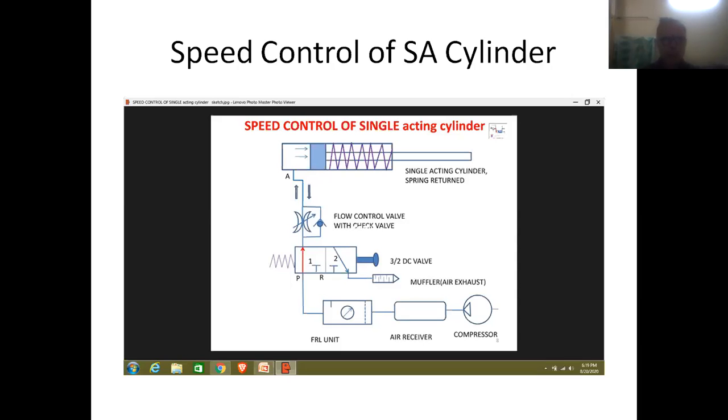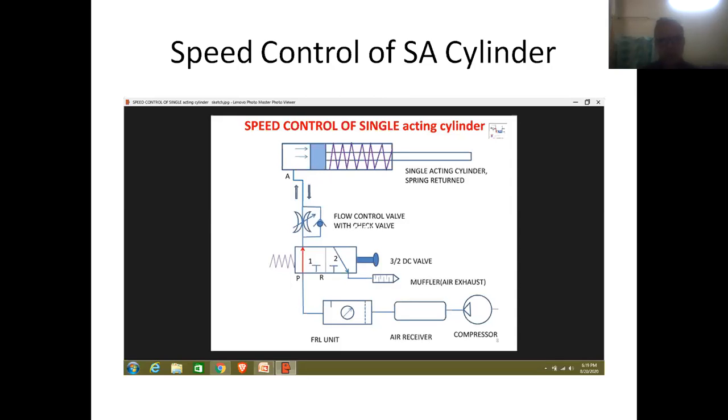Now, as shown in the figure, the check valve is placed in reverse direction. Therefore, it is used only for receiving the fluid coming out of the cylinder. In this arrangement, the throttle valve is used for sending the fluid into the cylinder.